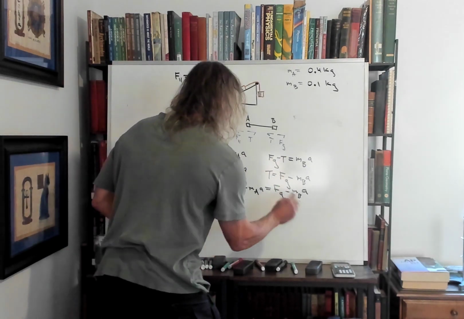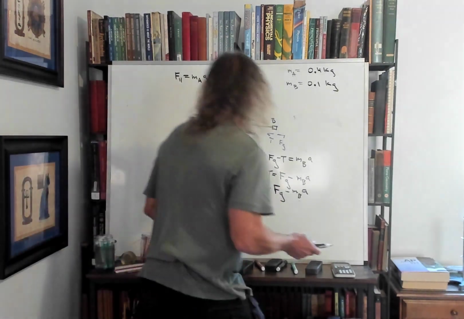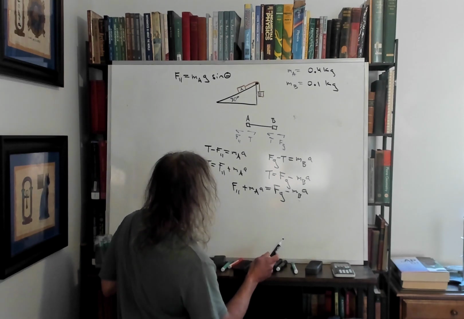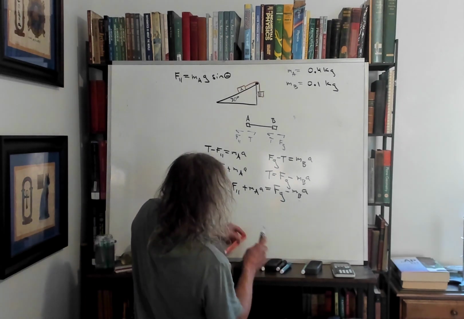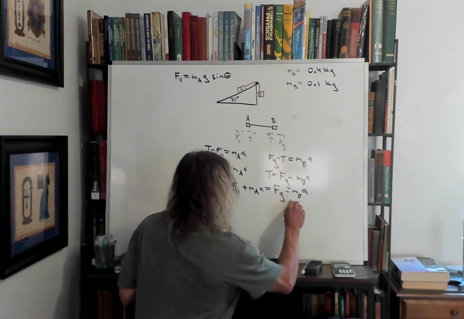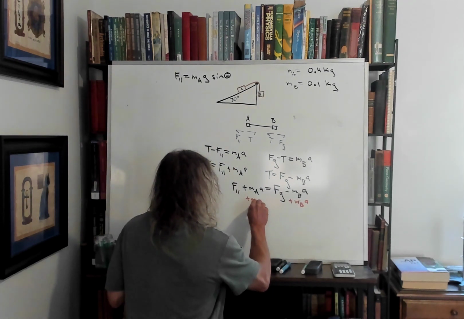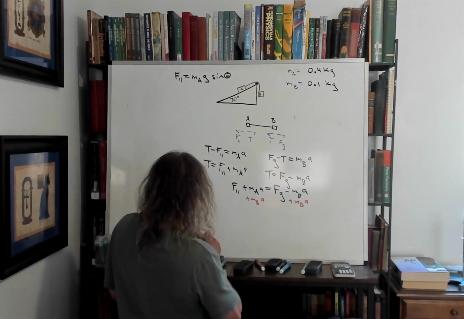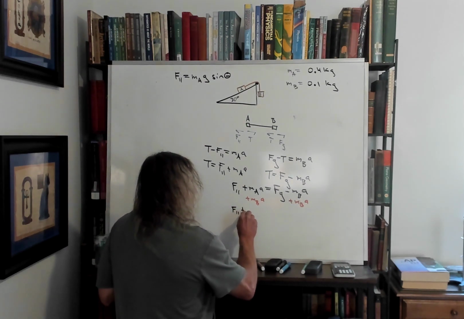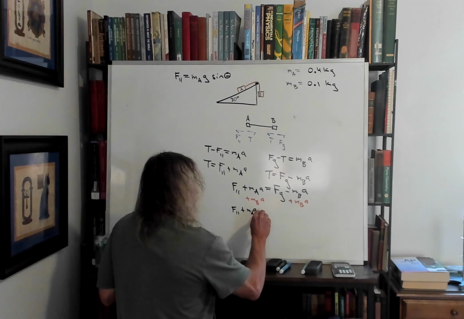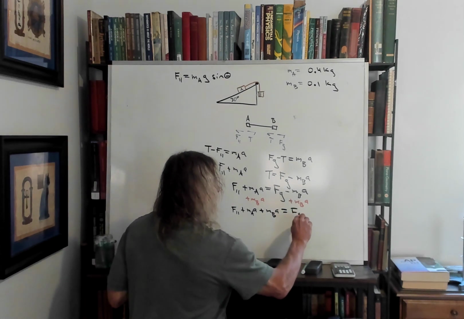And so, if we add this to each side, then F parallel plus mA a plus mB a equals Fg.